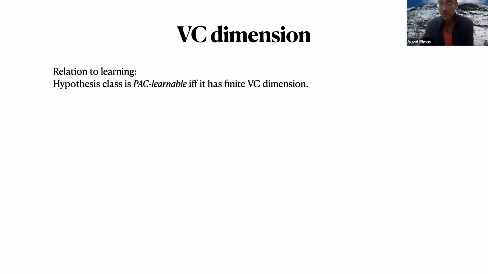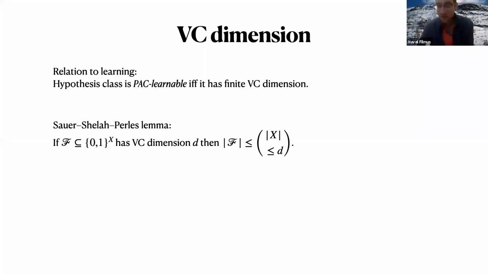Okay, so now that we've explained what the VC dimension is, I can state the Sauer-Shelah-Perles lemma. And it answers the following question. Suppose I have a family and its VC dimension is D. How big can it be? Okay, so here's the answer. Suppose that my underlying set has size n, then a family of VC dimension D has at most n choose at most D elements.